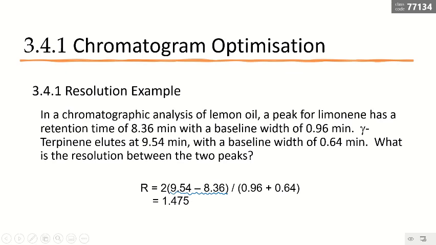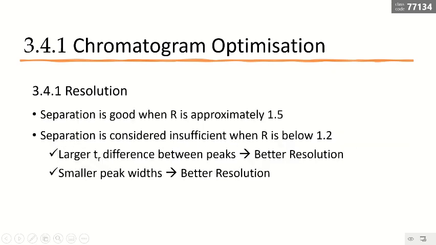Is it good or bad? We know R is 1.47. What does it mean? In a practical way, normally the separation is considered good if R is roughly 1.5. If R is below 1.2, the separation is not that nice anymore, so it is considered insufficient.